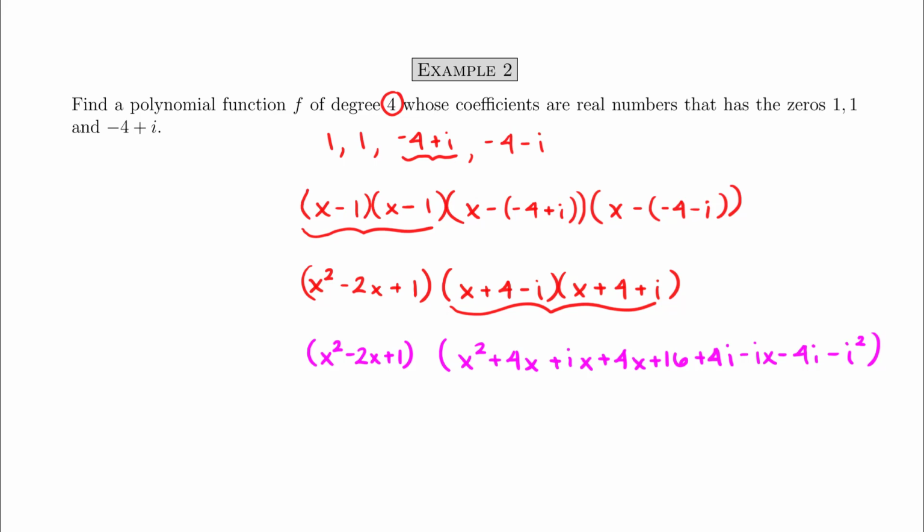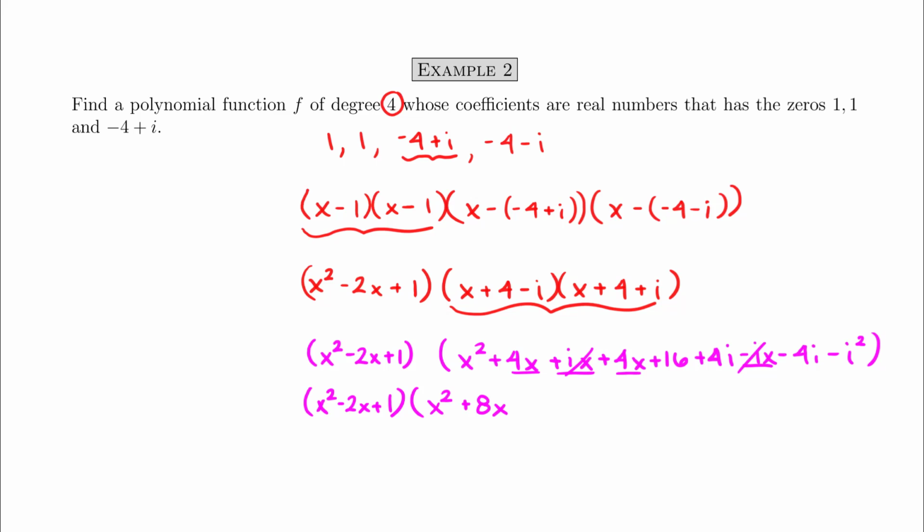So let's clean up the right-hand side a little bit more by combining like terms where we can and simplifying what we can. Nothing combines with the x squared. I have a positive 4x and another 4x, so I get 8x. Positive ix and negative ix cancel one another.